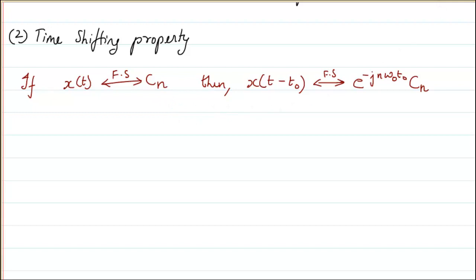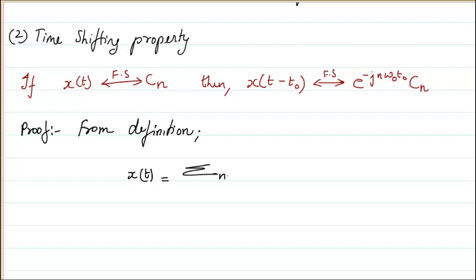Let us prove this. Its proof is very simple. We know from definition that x of t is given as summation n equals minus infinity to infinity Cn e raised to power j n omega naught t.